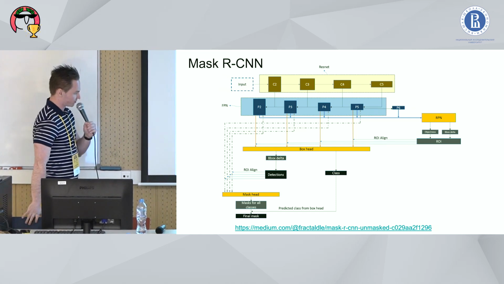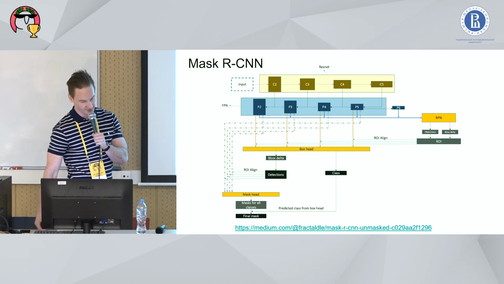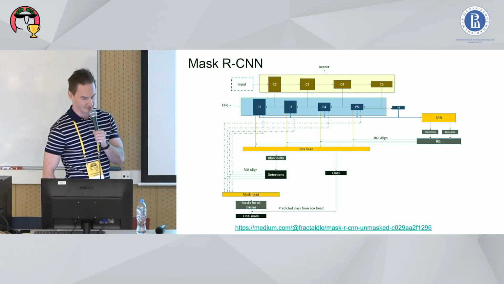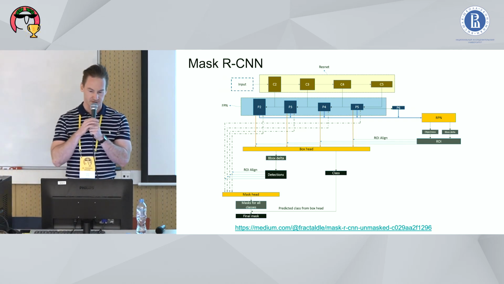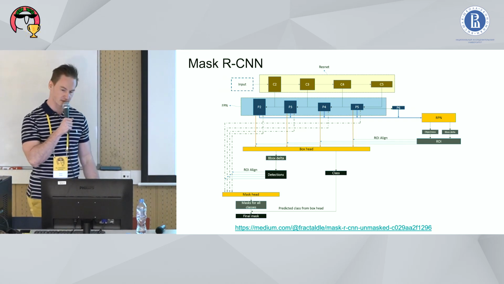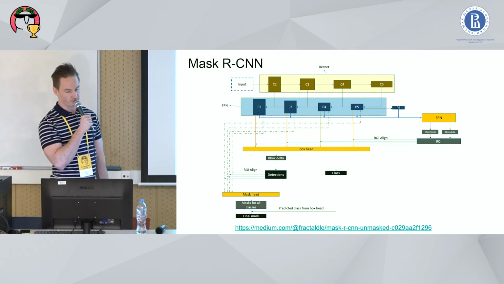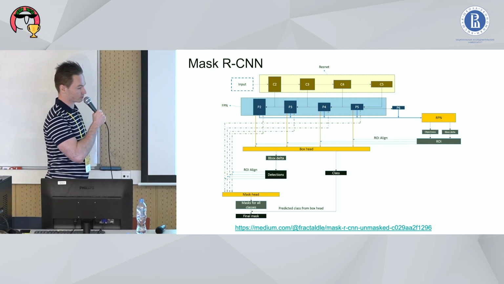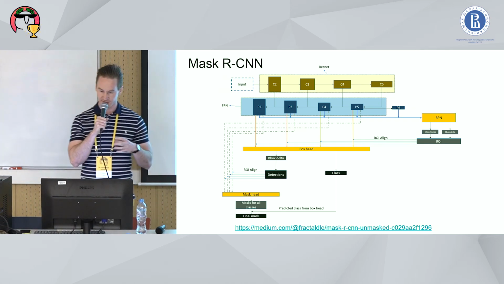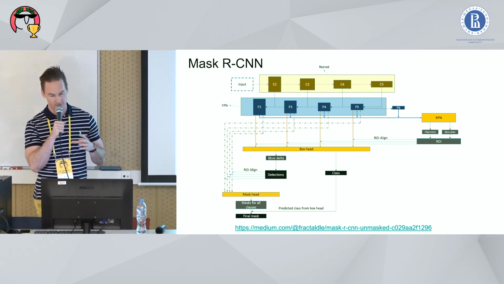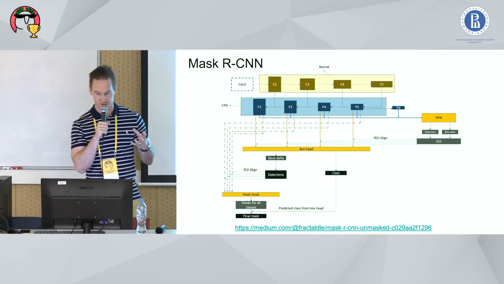About Mask RCNN, there is a lot of work, a lot of words you can find on the internet. So just a quick overview of this architecture. You have some kind of backbone. It's ResNet, ResNeXt, DenseNet, whatever. You just take the bottleneck from these backbones, and using a feature pyramid network, you create a multi-scale, thick pipe of features.